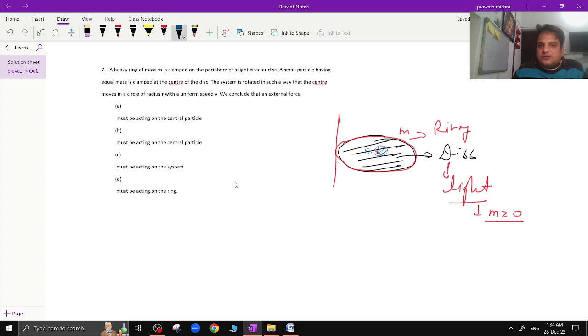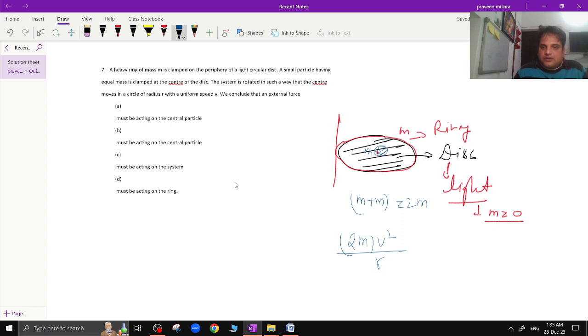So you can imagine this whole mass of the ring is acting at its center of mass. The whole mass of the system is m plus m, that is 2m. So the system is feeling a centrifugal force of 2mv square by r.